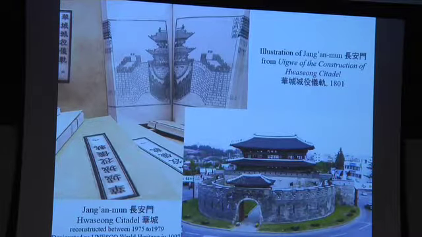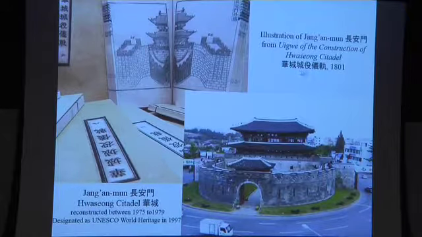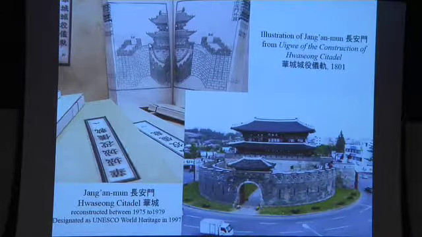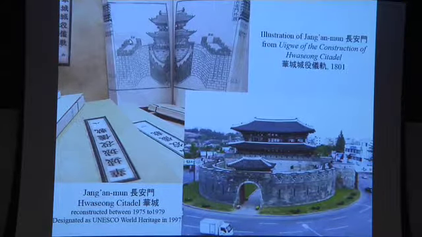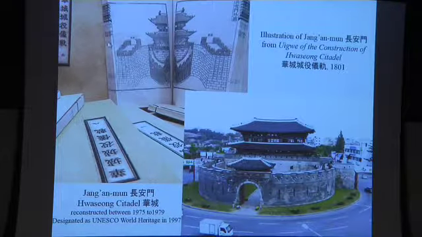And so another thing that I would like to show last is this, Janganmun in Hwaseong. This is in the Uigwe of 1801, the Hwaseong Seongyeok Uigwe. And this is the second Uigwe that was printed in metal type, and the illustrations were all done in woodblock prints.